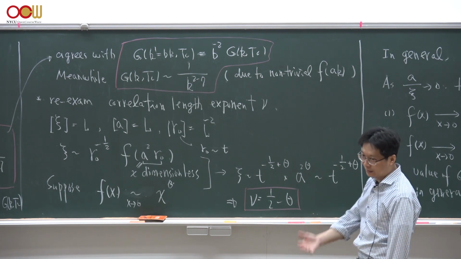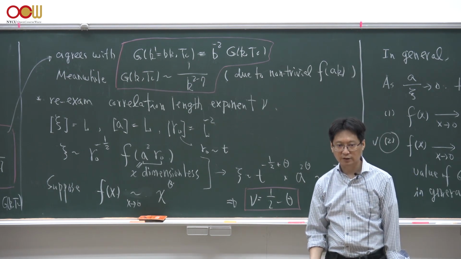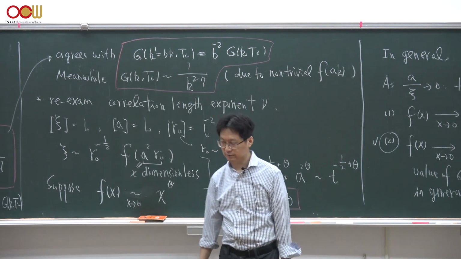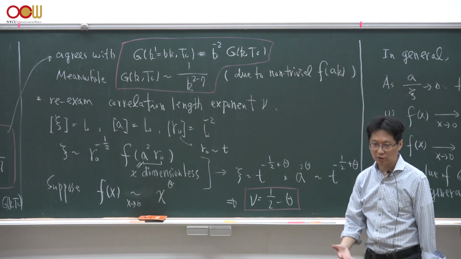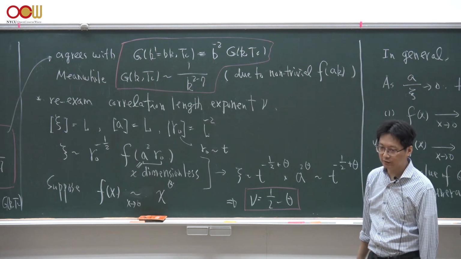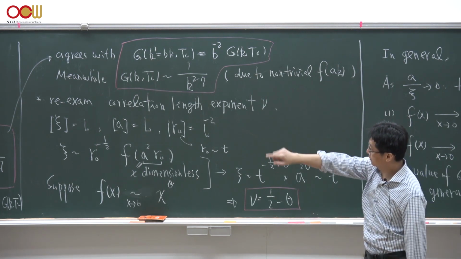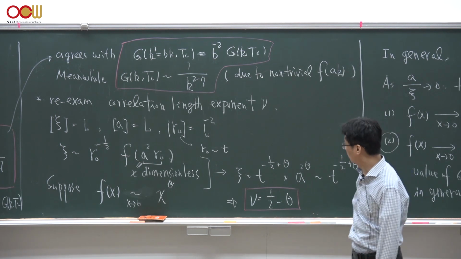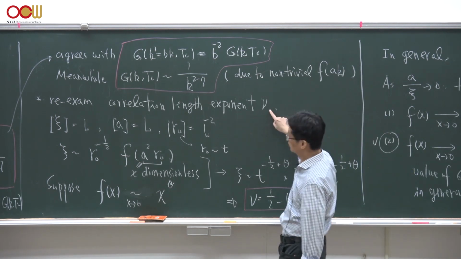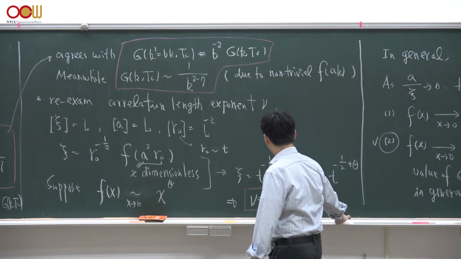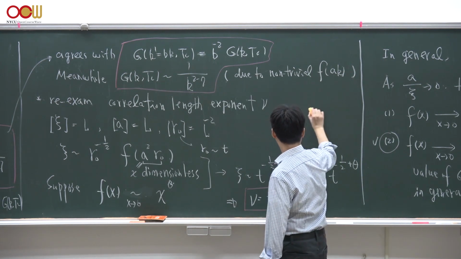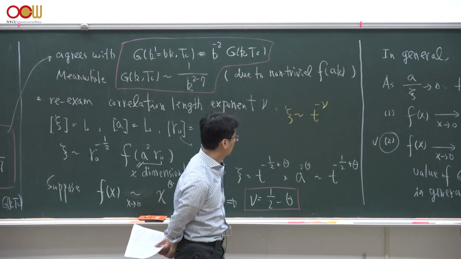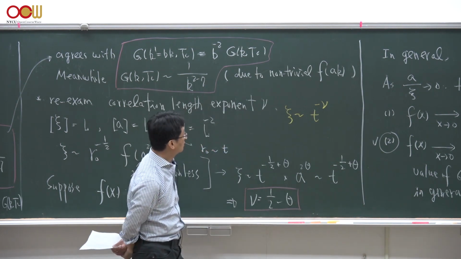Otherwise, you always end up with the Gaussian critical exponents, which deviate from the observed exponents in experiments, or from more exact, rigorous theoretical results. So this is just a first re-examination of this correlation function. Let's re-examine another one, which is the correlation length exponent nu, which, remember, is the exponent appearing near the transition as a function of little t to the power of minus nu.